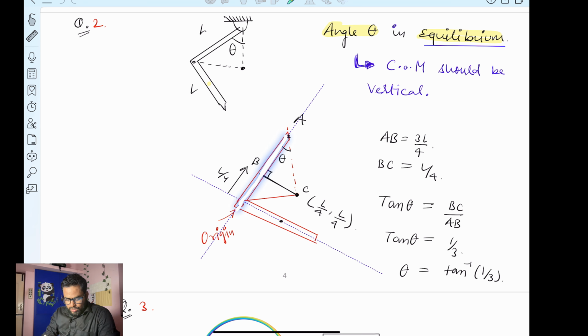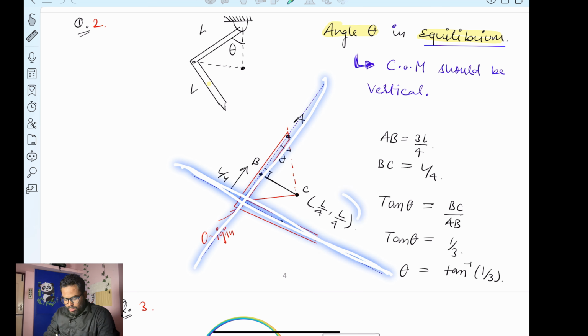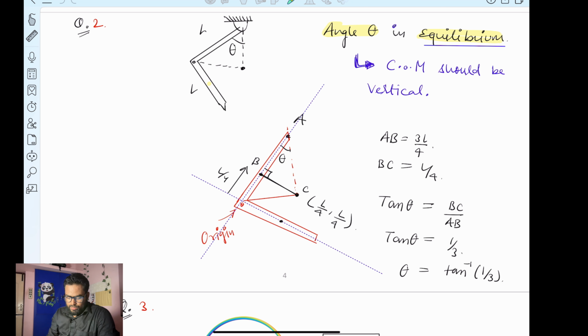This length is L, this length also L. Now I can write the center of mass of this rod at L by 2 comma 0, and for the other rod, this part would also be L by 2 comma 0, according to this coordinate system that I have drawn.